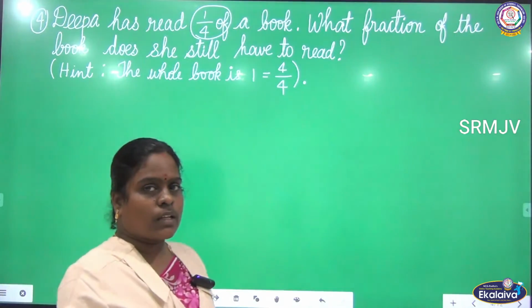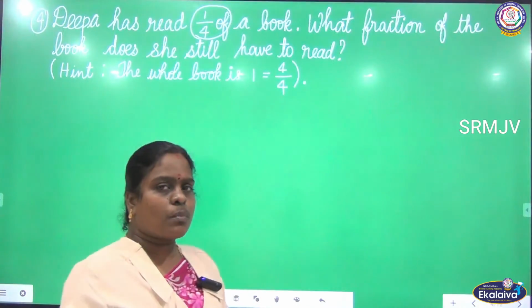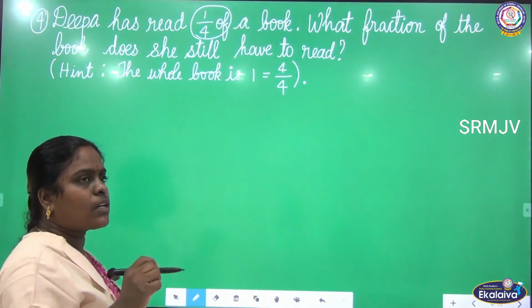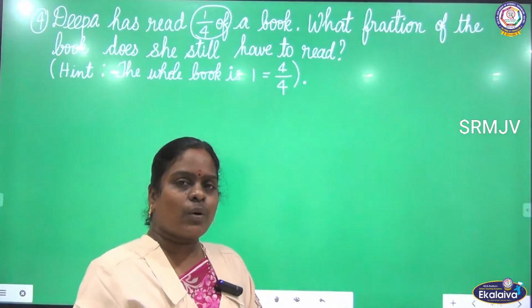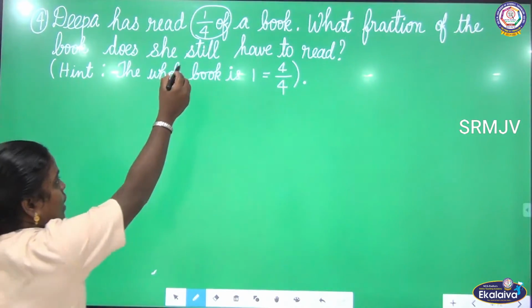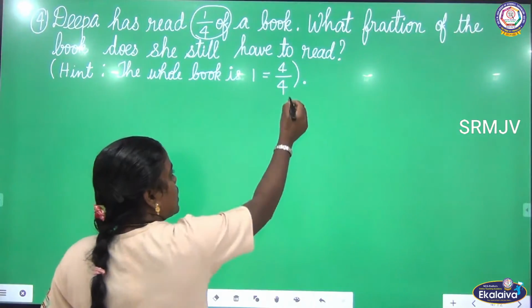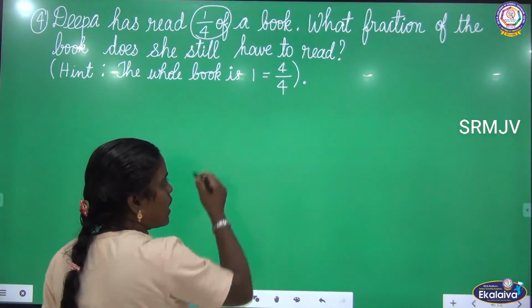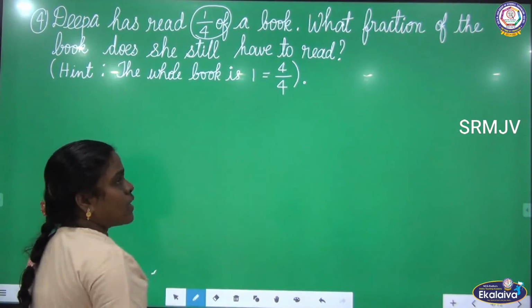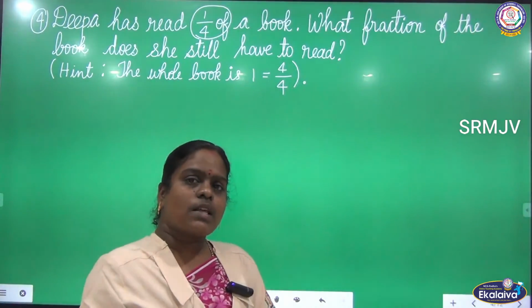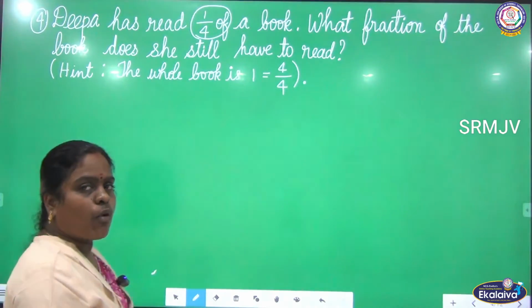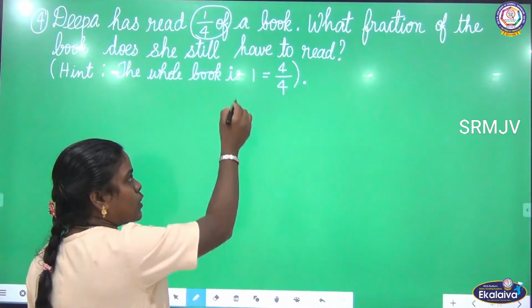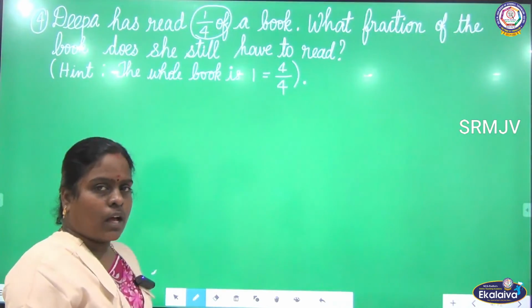So we need to find the fraction of a whole book. We know that if the denominator is given, we can find out the fraction for a whole easily. Here the denominator is 4. So listen, here hint also given. The whole book is equal 1. Denominator is given as 4. That means a book is divided into 4 equal parts. If a denominator is 4, then the numerator also 4 in a whole.